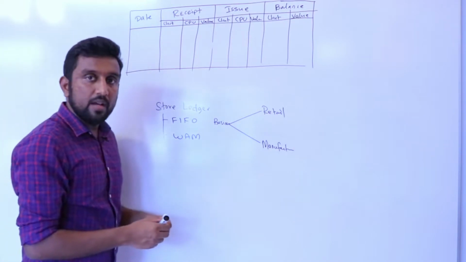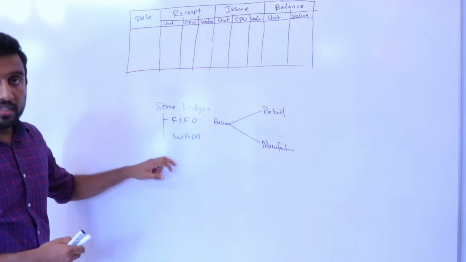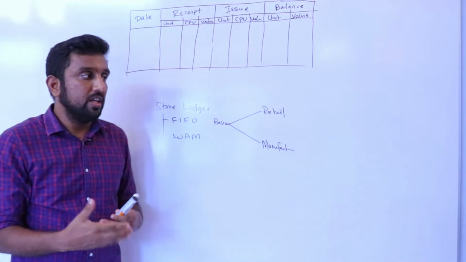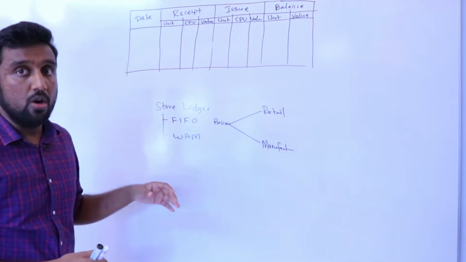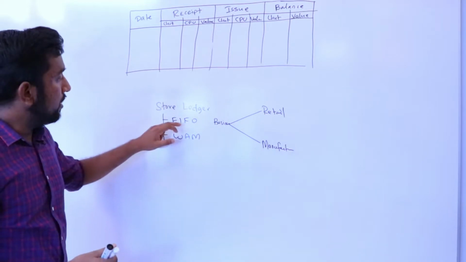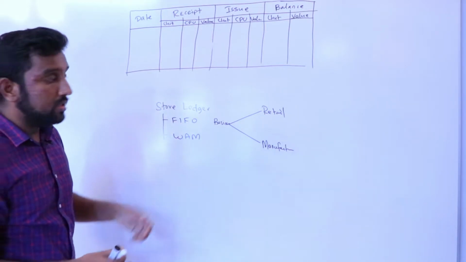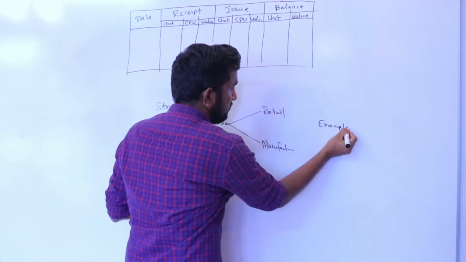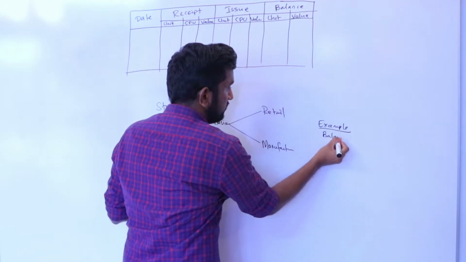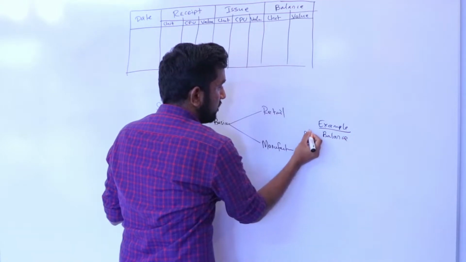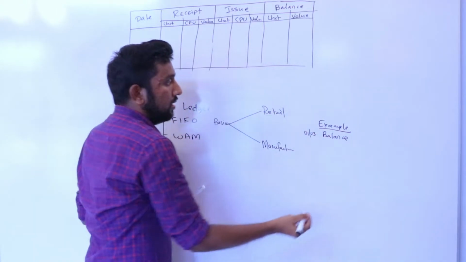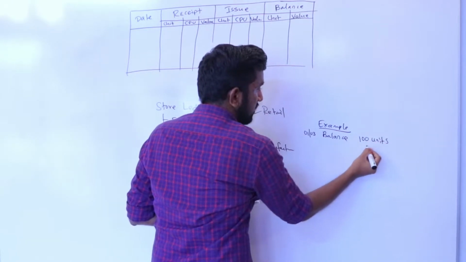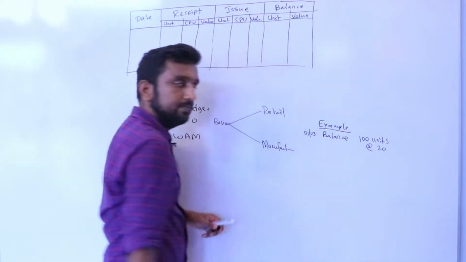So let's have an example, then I'll explain both the methods, and then we'll do questions. In the question we can check how it actually works and how to prepare the store ledger in both methods. So let's say we have a balance stock on the 1st of March of 100 units at 20 rupees.